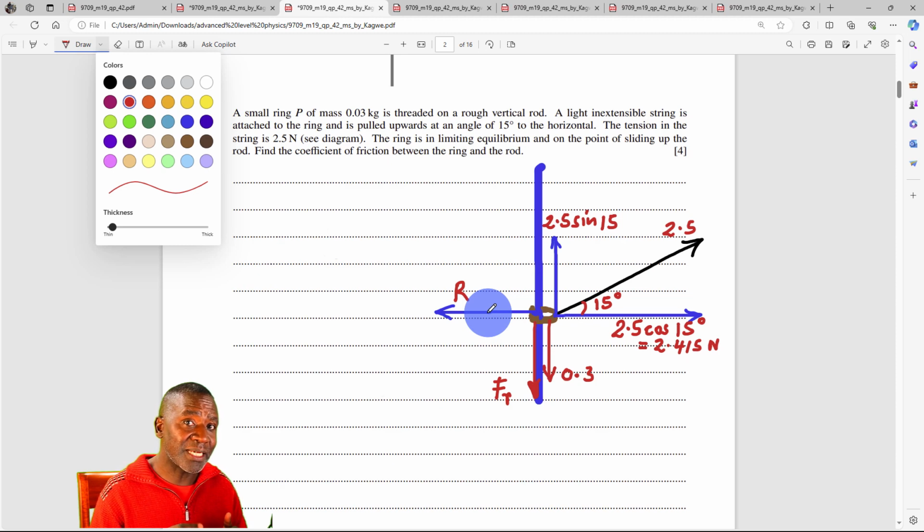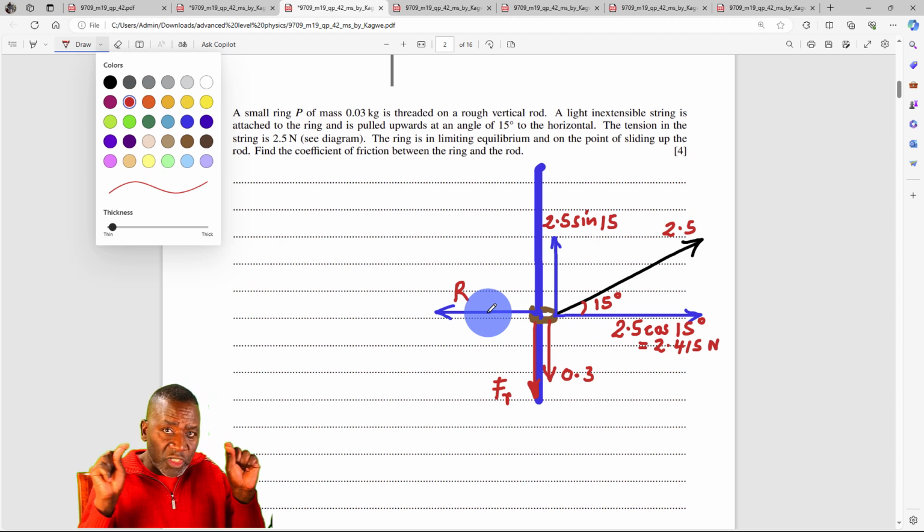And that means that at this moment, we can equate those forces which are in opposite directions.